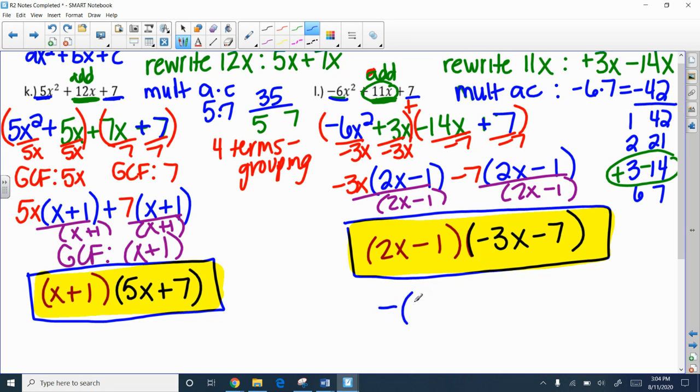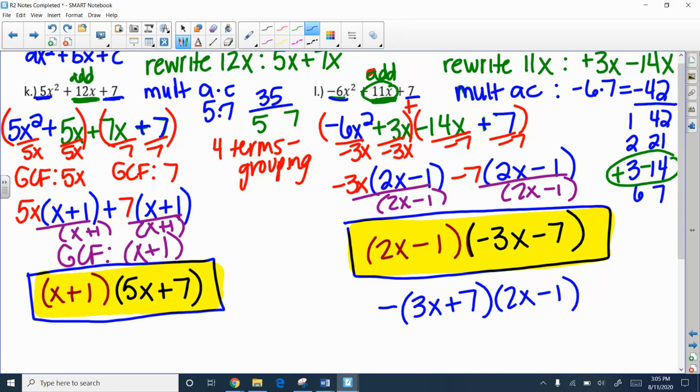But then this factor would become 3x plus 7. And the 2x minus 1 would stay the same. So if we had factored out the negative in the beginning, we would have had these factors instead. We still end up with equivalent answers. They just might have a little bit different form.